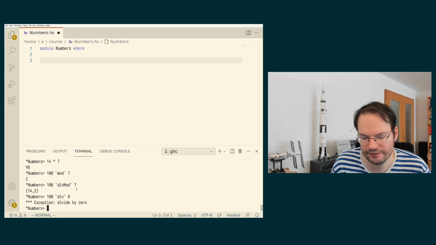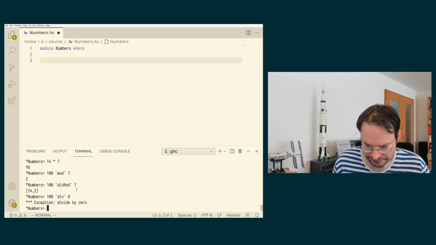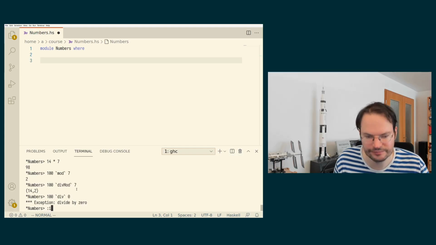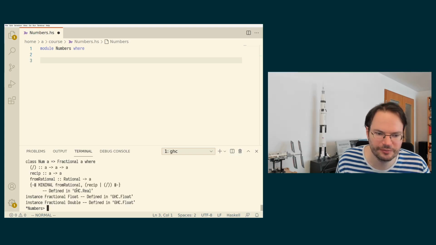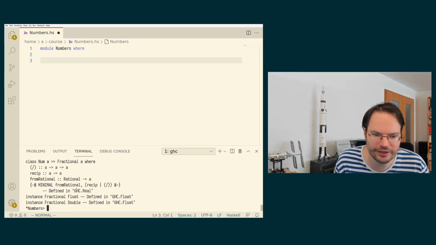And then we have a number of type classes that are used for non-integral numbers. I think the first and most interesting one perhaps is the Fractional class, because it contains the division operator.